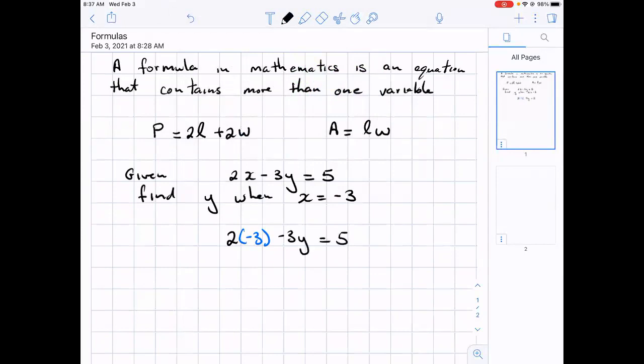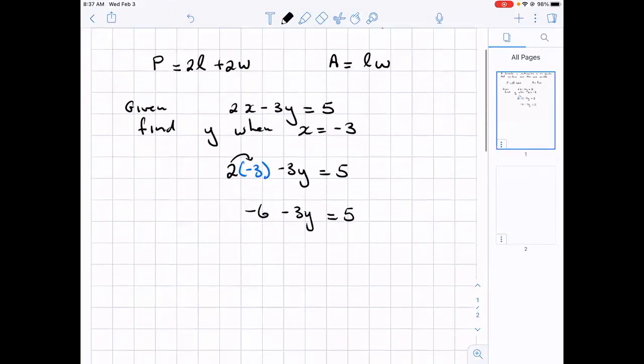And when you do this, you tend to simplify. So now you distribute: 2 times negative 3 will be negative 6, minus 3y is equal to 5. And you will add 6 to both sides since we're going across that equal sign. So this becomes 0, plus 6 minus 6 cancels out. So minus 3y is equal to 6 plus 5, which is 11.